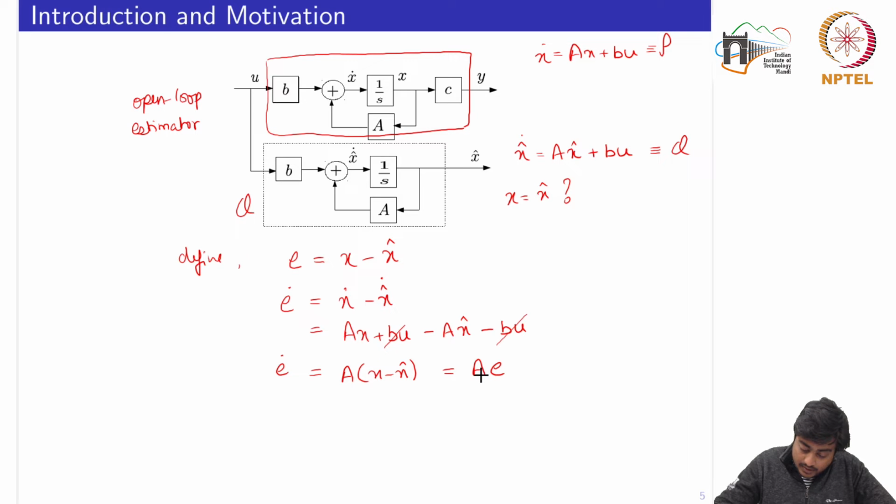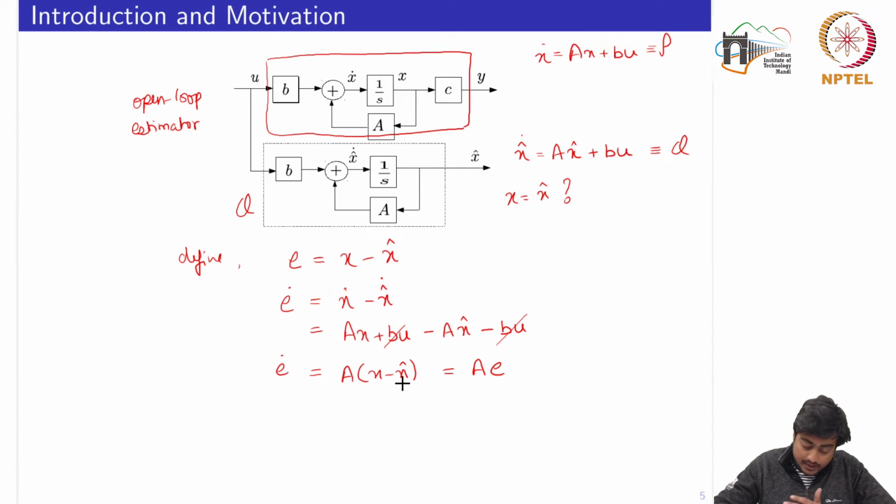If the eigenvalues of this A matrix are on the left hand side, then we can say the error between the state and its estimate would go to 0 as t tends to infinity. But the extra condition we need to put here is that A should be a stable or Hurwitz matrix, which again might not be possible all the time.